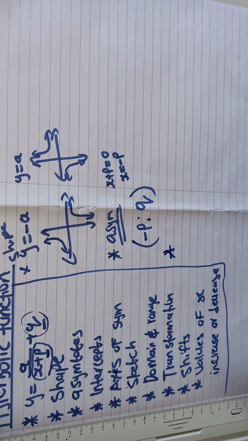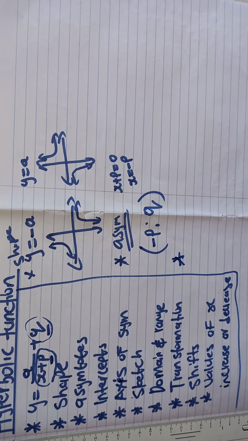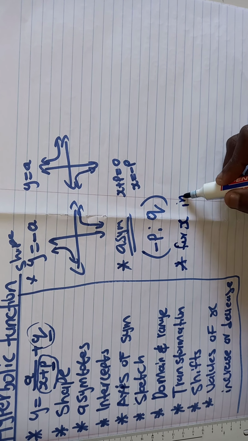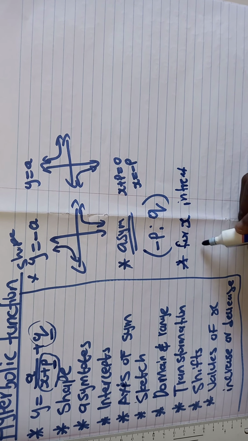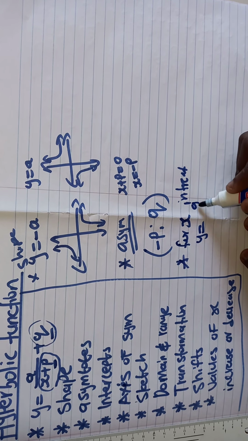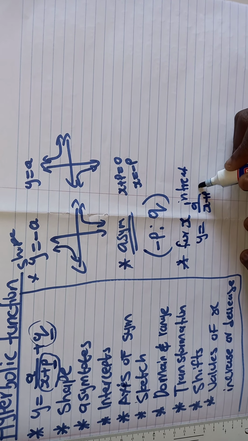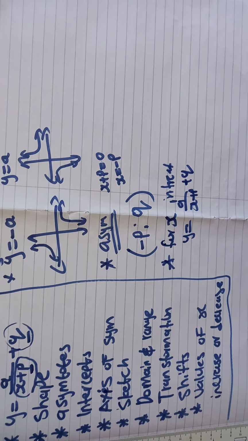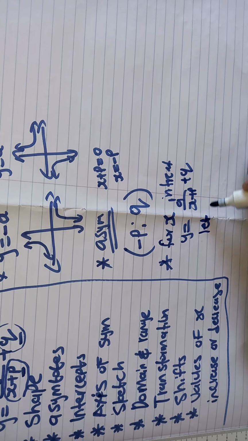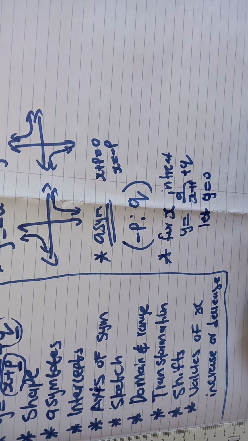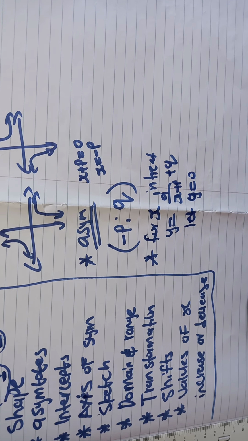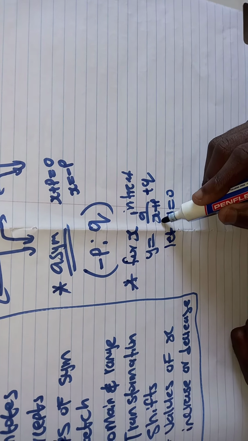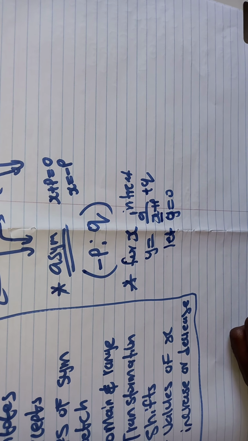Normally when we're talking about intercept, we're gonna look at x and y. Let me say for x intercept, let me just write this equation down: a over (x plus p) plus q. For x intercept, you're gonna let our y be 0. Wherever we see y, we're gonna put 0 so that we can solve for x, which we are looking for.